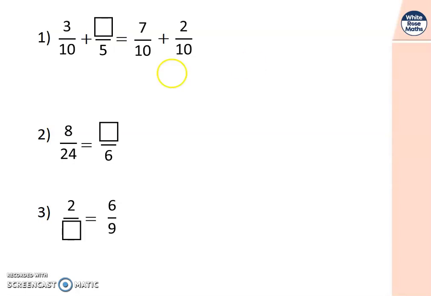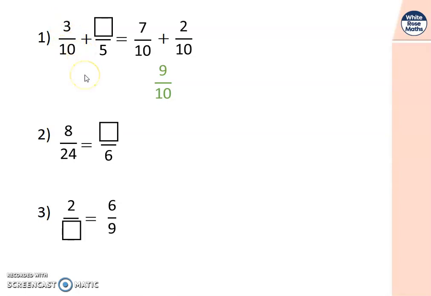Let's see how you did. So you'll notice with this one we've got one of our equals signs. So this equation must balance with this equation. Well, this one we know, so let's work it out. 7/10 add 2/10 would be 9/10. That means this side has to be equivalent to 9/10. We have 3/10 already.